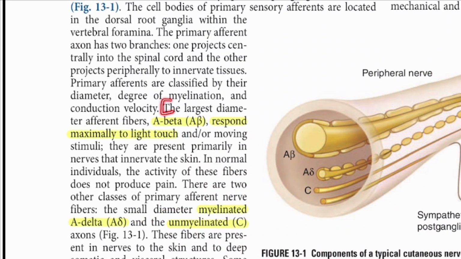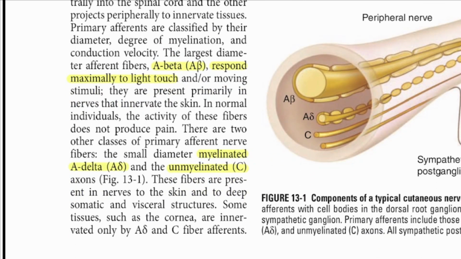The largest fiber is A beta. It responds to mild touch, and the others are the A delta and the unmyelinated. These two fibers are small fibers. A delta is myelinated and small, and C fibers are unmyelinated.